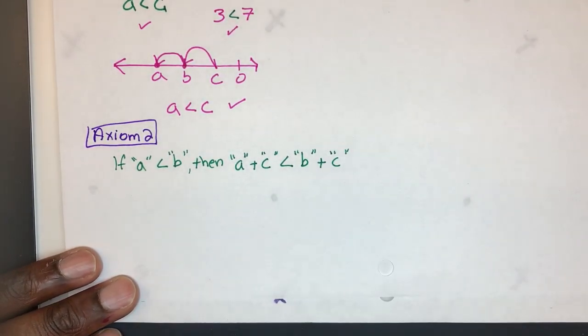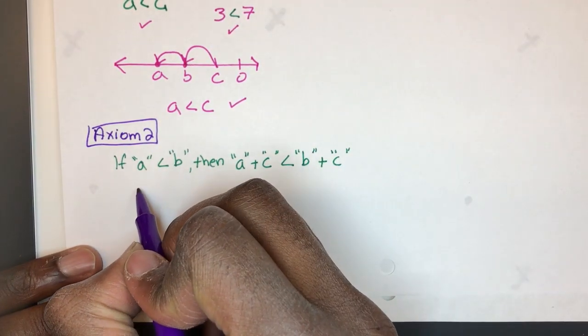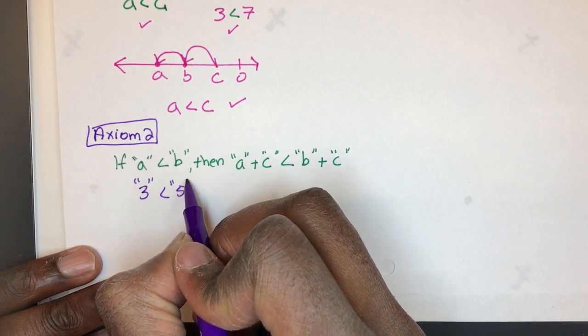And you say, oh my gosh, that's too many letters, I don't know what I'm saying. Yes, you do. Again, substitute some real stuff in there. Let's say 3 is less than 5.